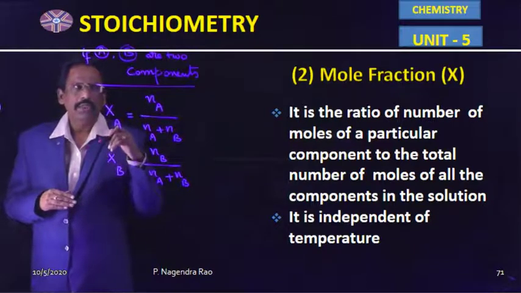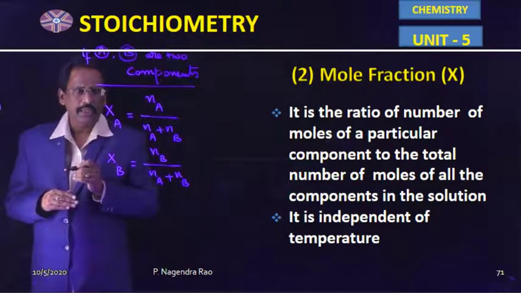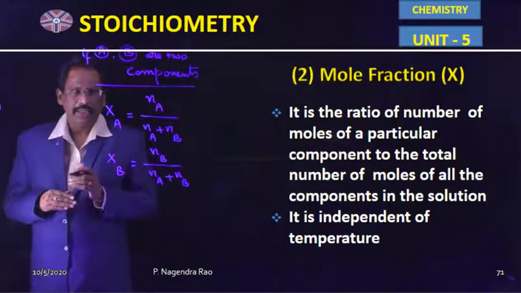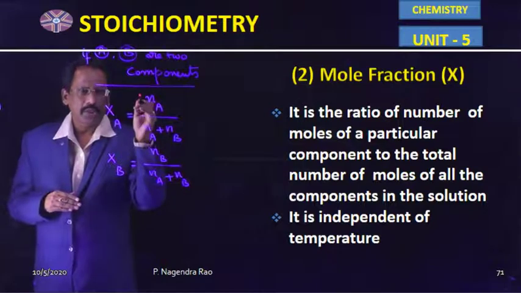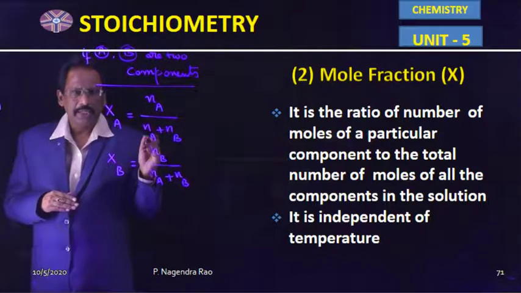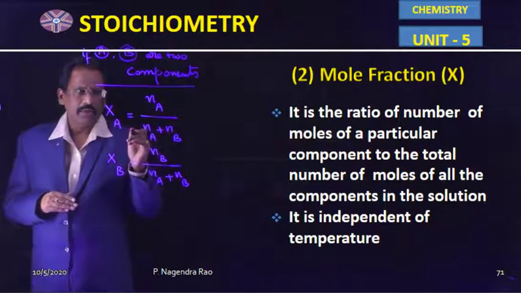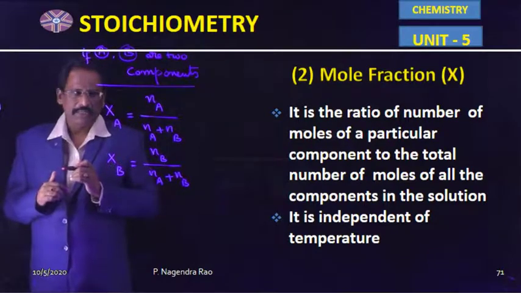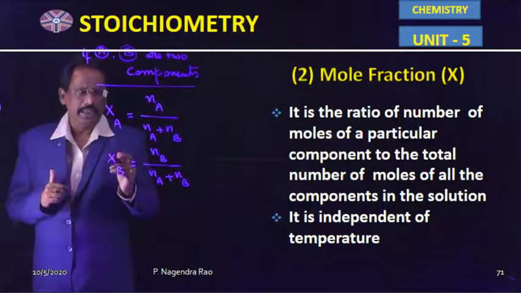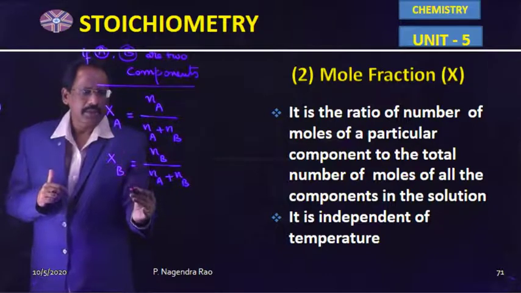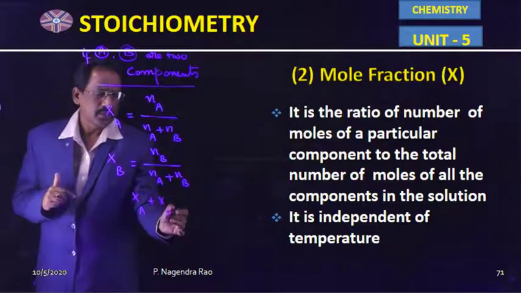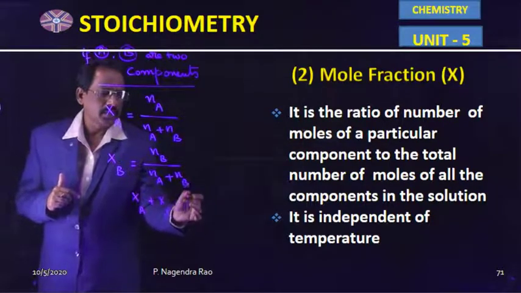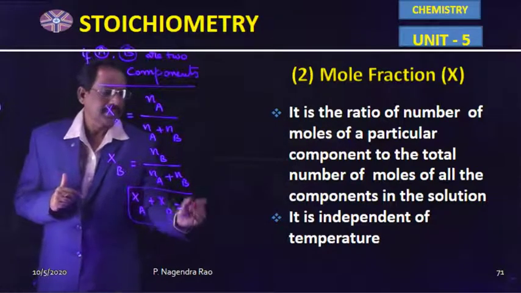If you know the number of moles of each component, the formula used to calculate the mole fraction of that component is number of moles of that component divided by total number of moles of all the components. And a very important point is, the sum of the mole fractions of all the components should be equal to 1.